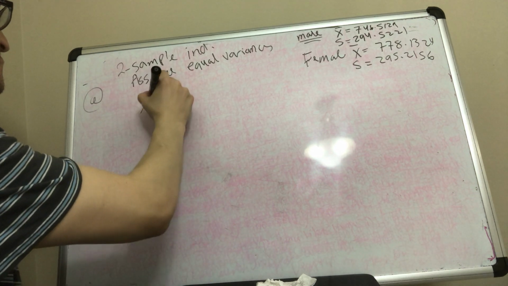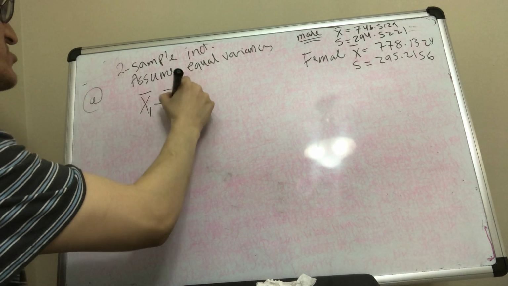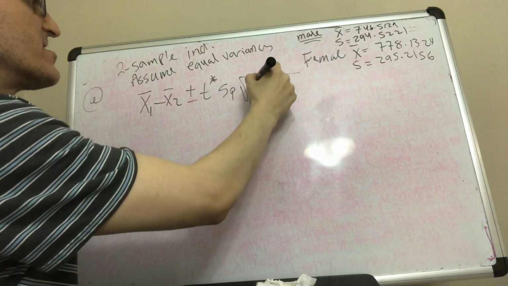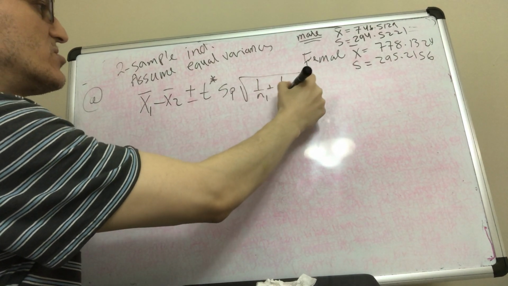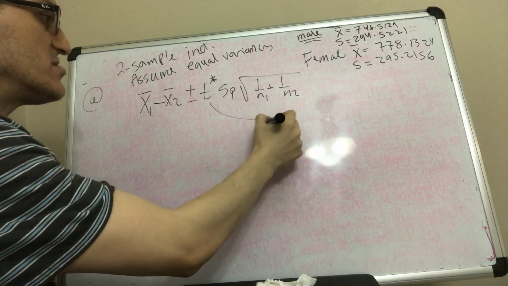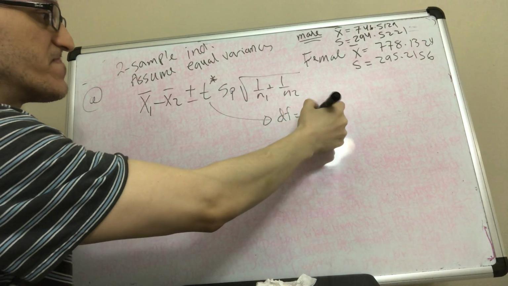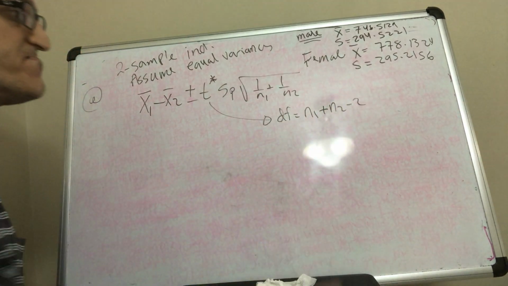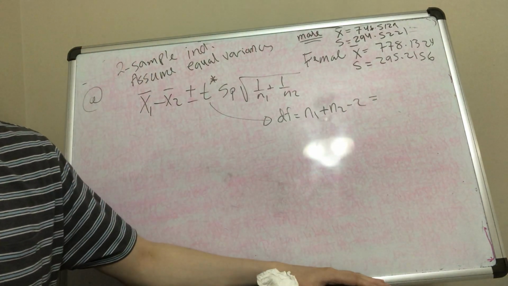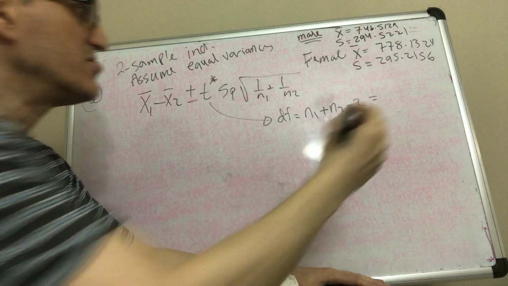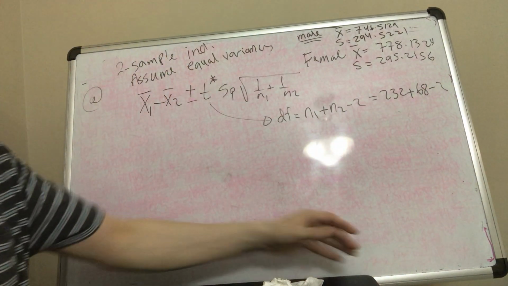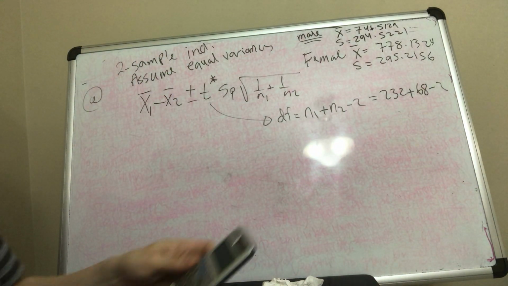So the formula would be average group 1 minus average group 2, plus or minus T star, SP, square root of 1 over N1 plus 1 over N2. Now, for T star, we need degrees of freedom. So N1 plus N2 minus 2. So as we know, it's 232 plus 68 minus 2, and that's 298.